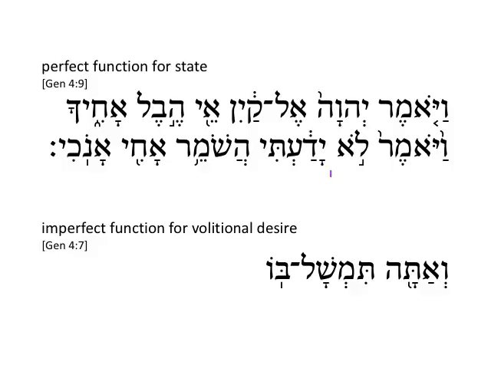So notice the function here that I want to get at is of this perfect form, yadati. And here it's negated, so it's sort of irreal. I do not know. But that irreal or hypothetical sense is not in the perfect form itself, but it's carried by particles that are in the sentence. And because this is embedded within a discourse, and it's not part of the narrative or a commentary on the narrative, then what we have is this sort of continuing state.